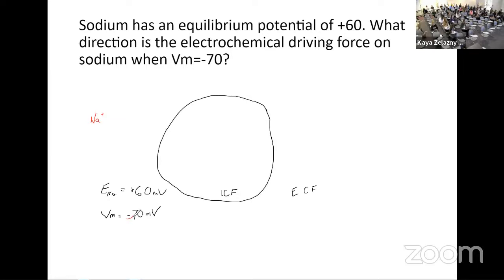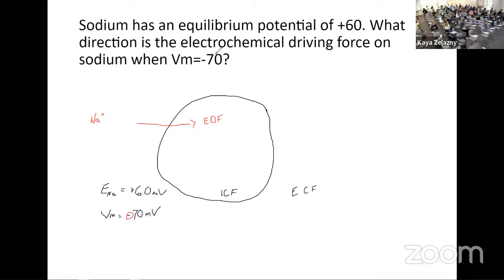So we know the inside of the cell is -70. Sodium, the positive ion, positive and negative attract. Right, so for sodium, our EDF points in. That's our electrical driving force, just based on those charges.